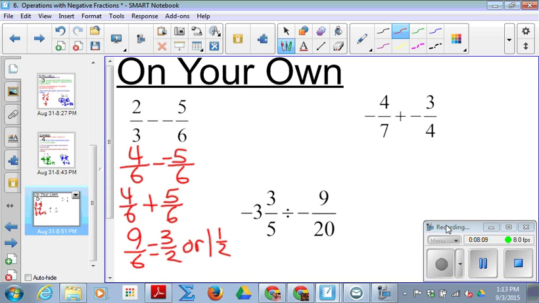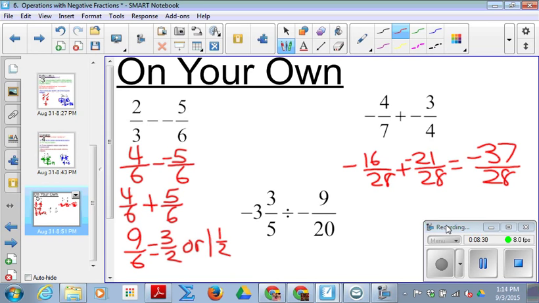Negative 4/7 plus negative 3/4. We have a common denominator of 28. So times 4, so we have negative 16/28 and times 7 plus negative 21/28 for an answer of negative 37/28. We've got no common factors there because 37 is prime.